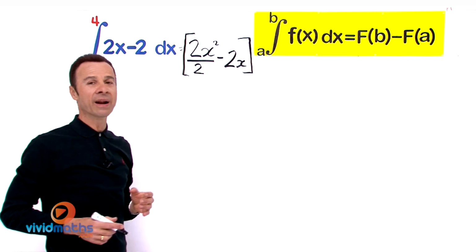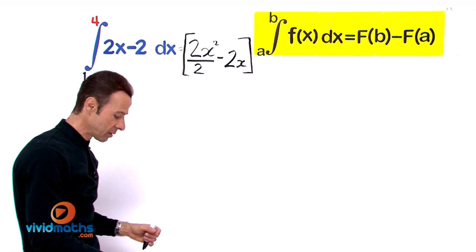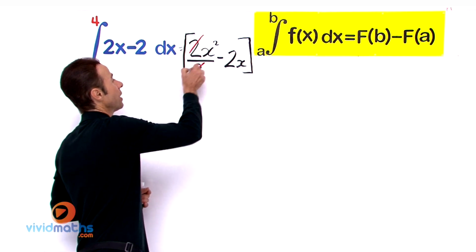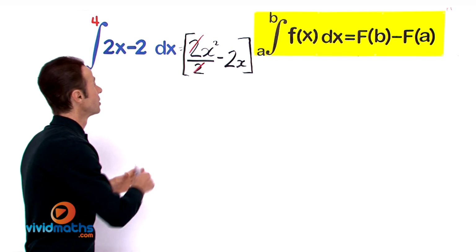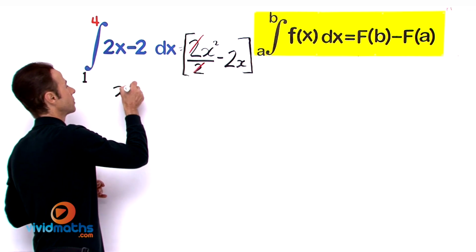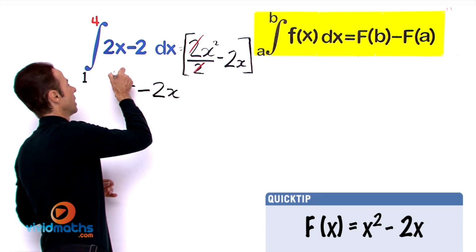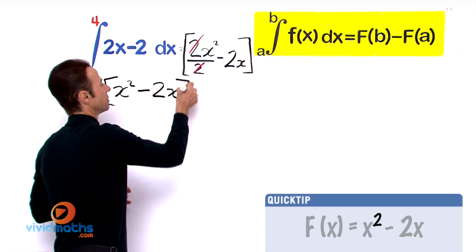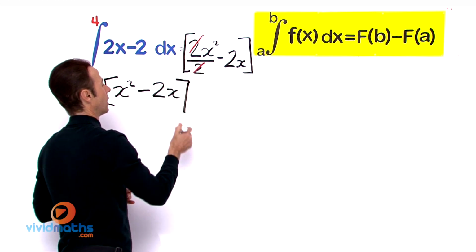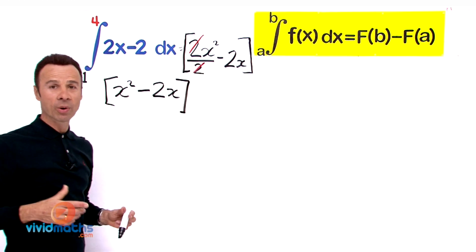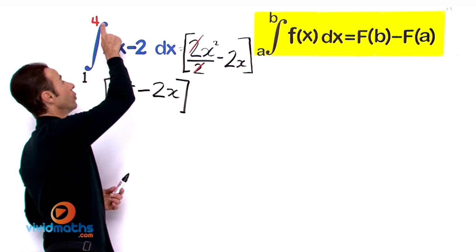But first, let me write it out in a more practical format where it's already simplified. So let's just simplify that. Square box around it. And now we're going to put the upper and lower limit, which is the 4 and the 1.